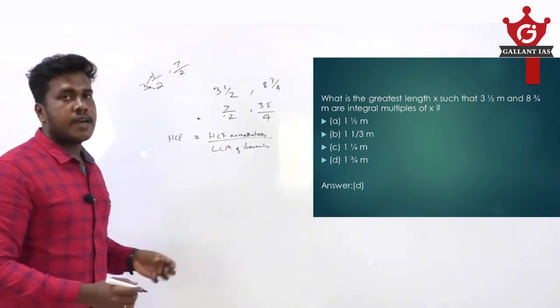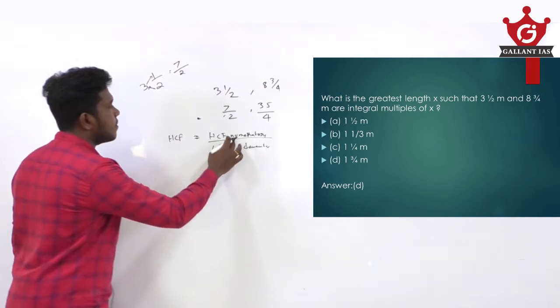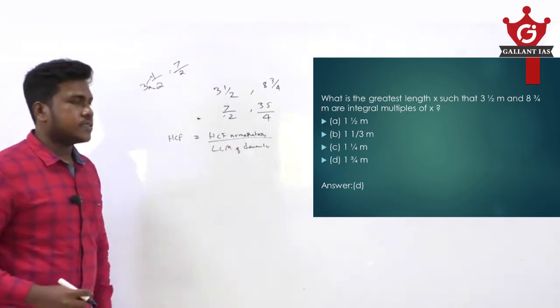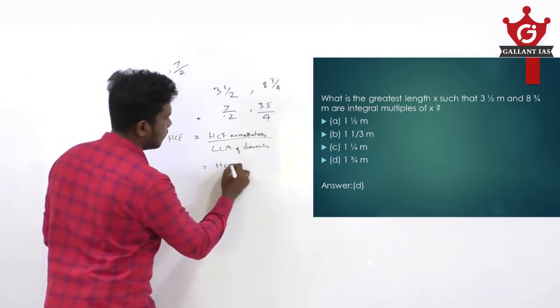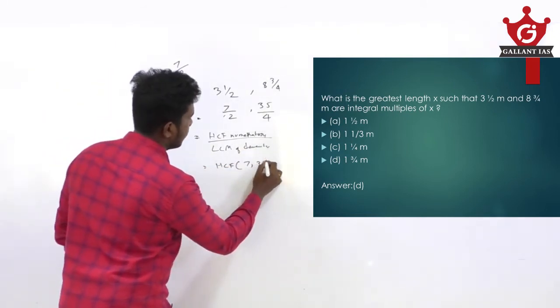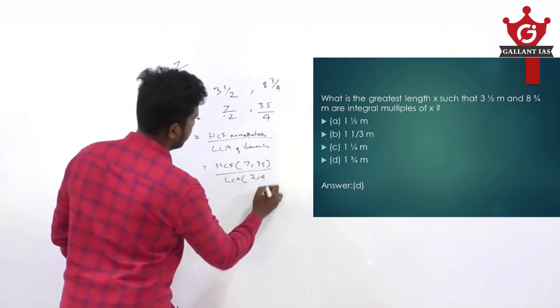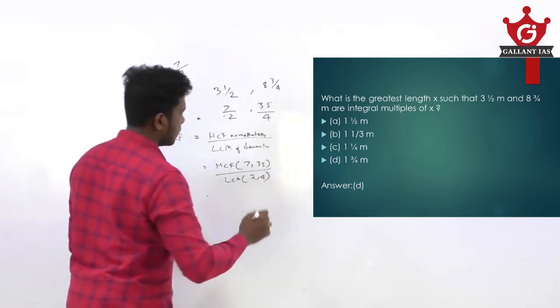Similarly, if we need to find the LCM of a fraction, it is nothing but LCM of the numerator by HCF of the denominator. Okay, but here we need to find the HCF. So HCF of the numerator, that is HCF of 7 and 35, whole divided by LCM of 2 and 4.